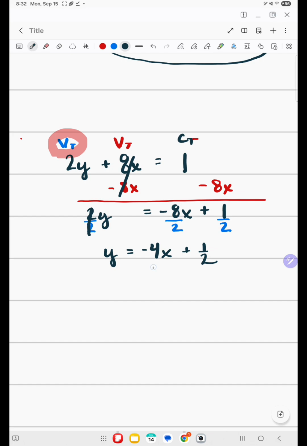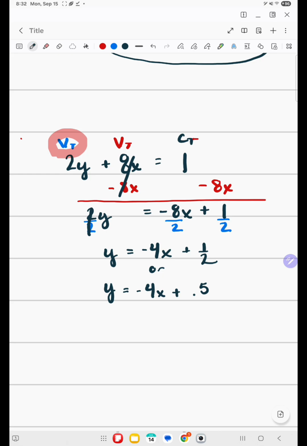Or it's acceptable to write this as y equals negative 4x plus 0.5, since 1 over 2 is 0.5. If it's a fraction, you can change it to a decimal as long as it is a constant term. But if it's with a variable term, leave it as a fraction. Because this is a constant term, leave it as a decimal. It's perfectly fine.